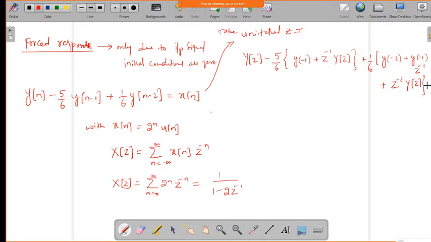So this is what we get by taking the unilateral Z transform.